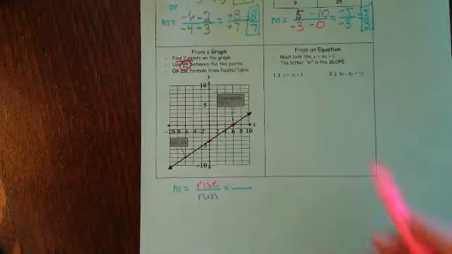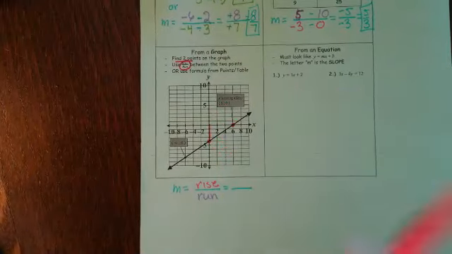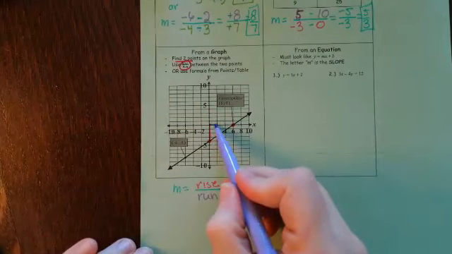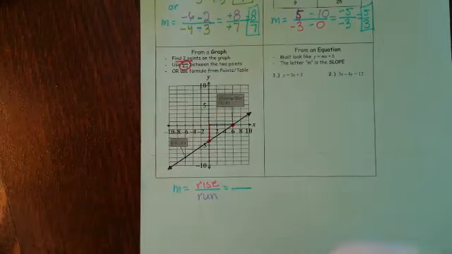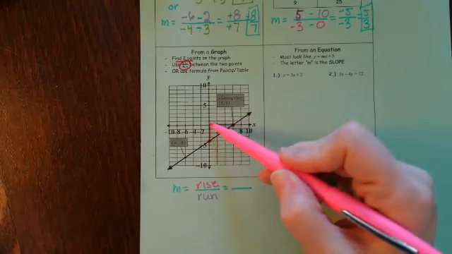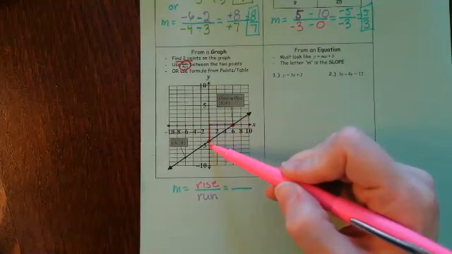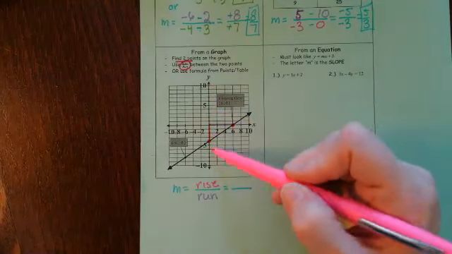So I'm going to calculate my rise over my run. So I know I need to rise up and then I need to run. So I'm going to pay attention to the scaling on the y-axis. If I count from the origin, I see this is 1, 2, 3, 4, 5. And so I know that my y-axis is scaled by 1.